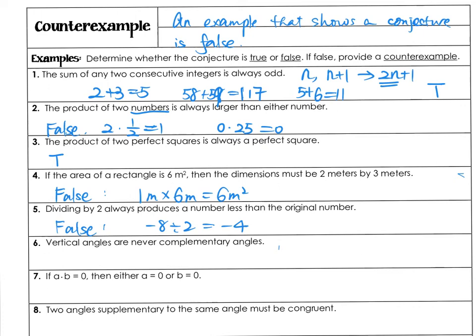Number 6, vertical angles are never complementary angles. Remember, complementary angles, the way I remember it is the C makes a corner, so that's 90 degrees. Vertical angles are never complementary angles. This one is false.